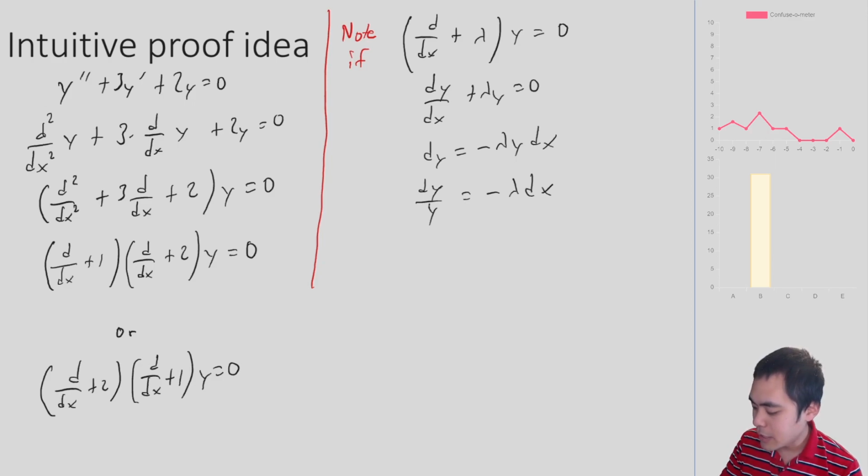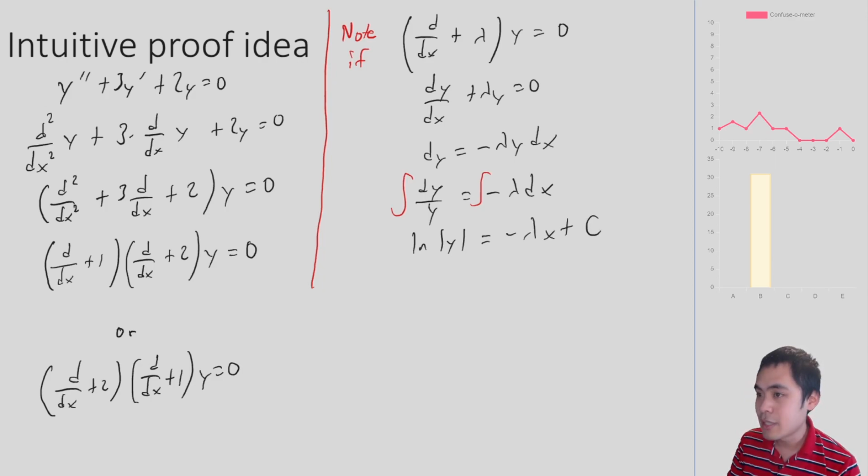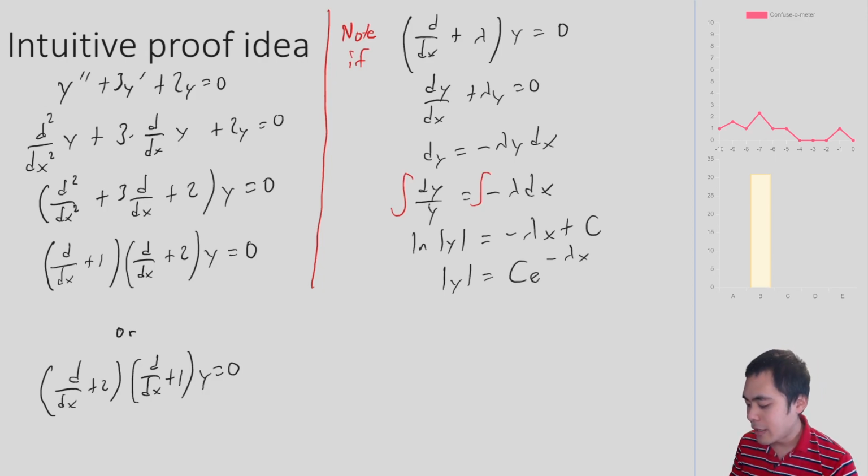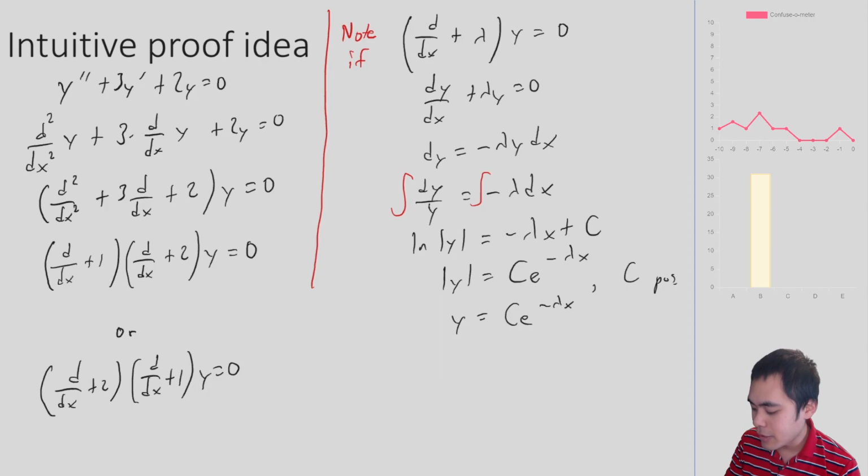You integrate both sides, and you're left with natural log of absolute value of y is equal to minus lambda x plus some constant. So the absolute value of y is equal to c e to the minus lambda x, where c is positive. And so therefore y is equal to c e to the minus lambda x.